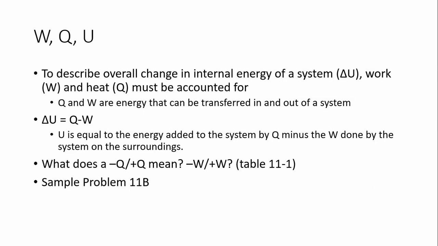So if Q is positive, Q is going to be greater than 0, energy is added to the system by heat. Energy is removed from the system. We're going to have a negative Q, less than 0, and no transfer of heat is going to be represented by Q being set to 0.